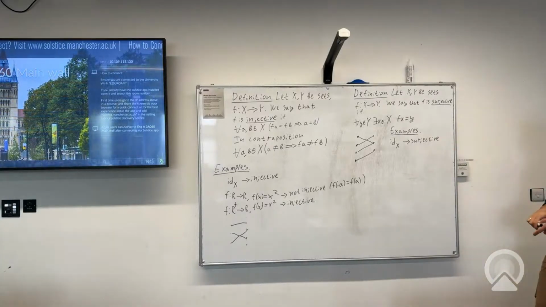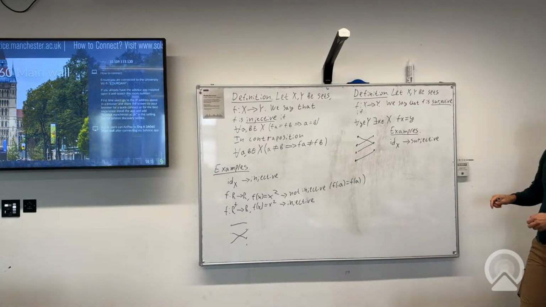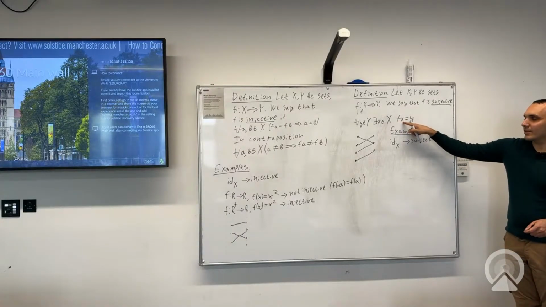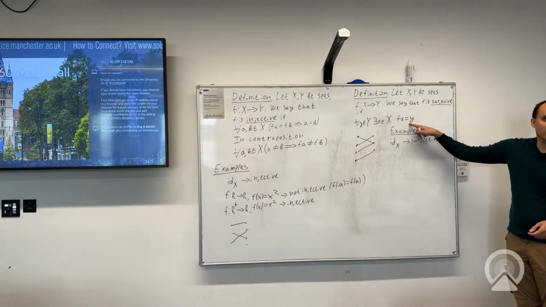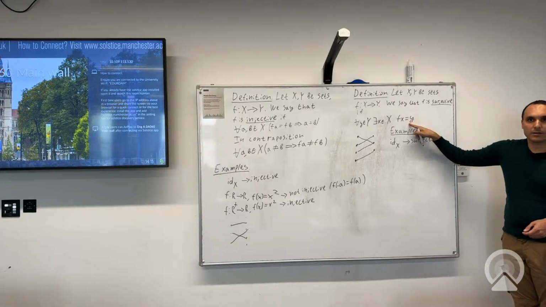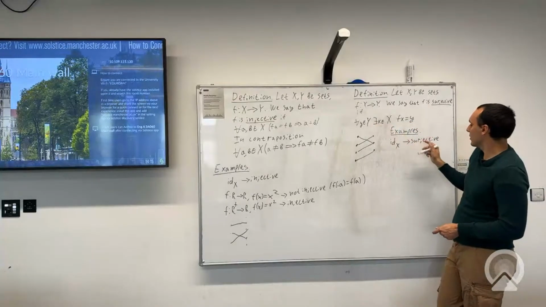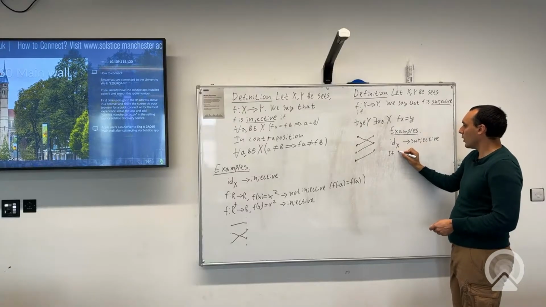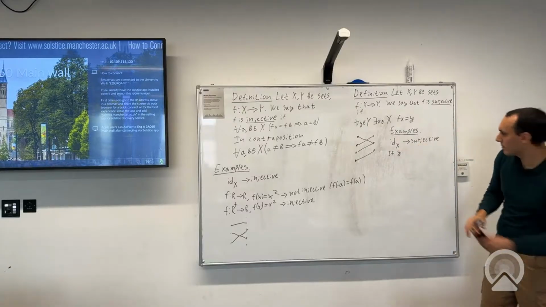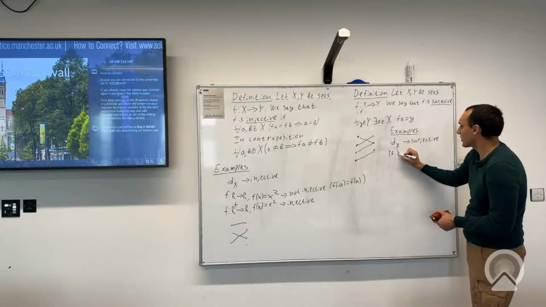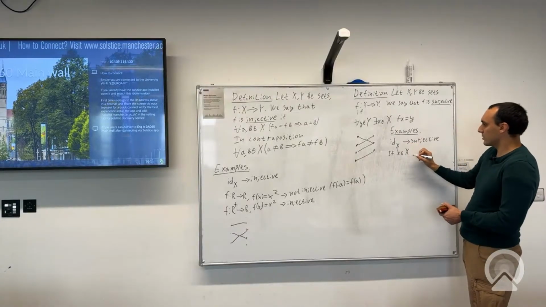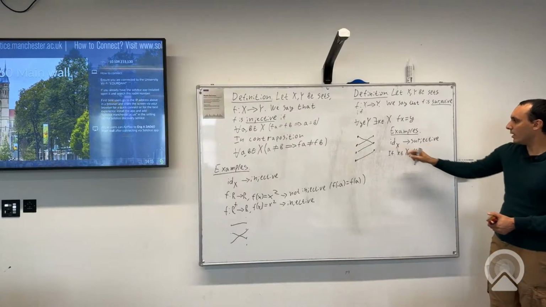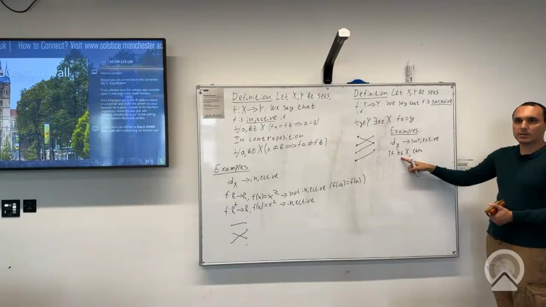So here we have identity from X to X. If x is in X, what's the pre-image of x?